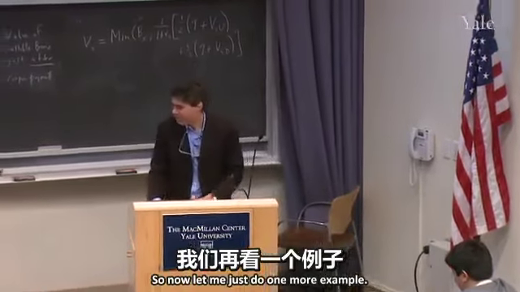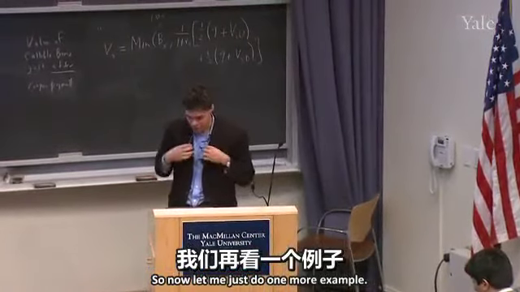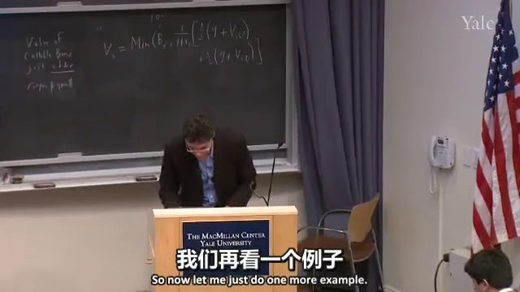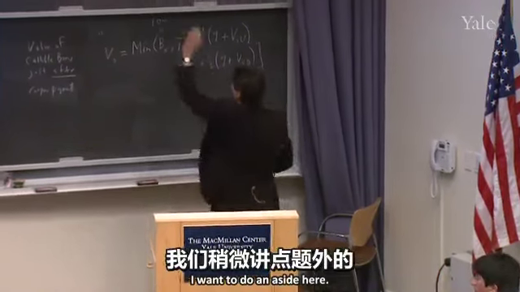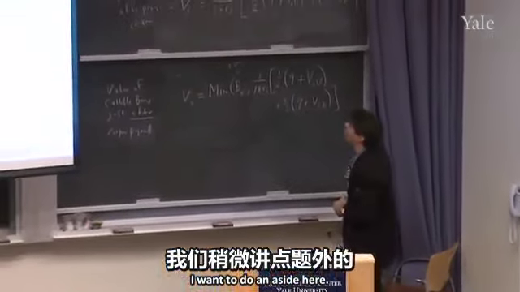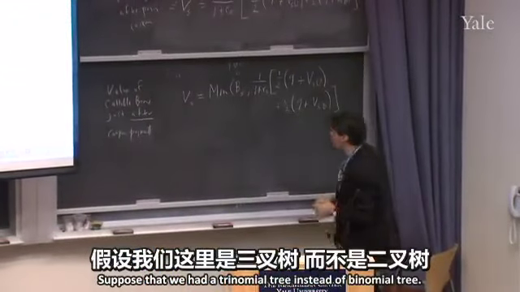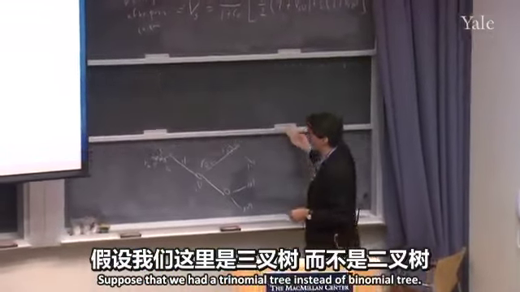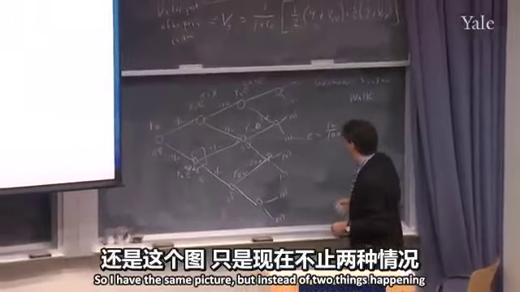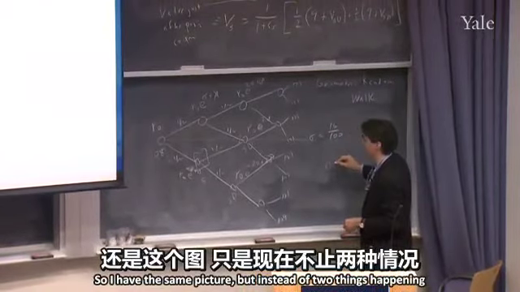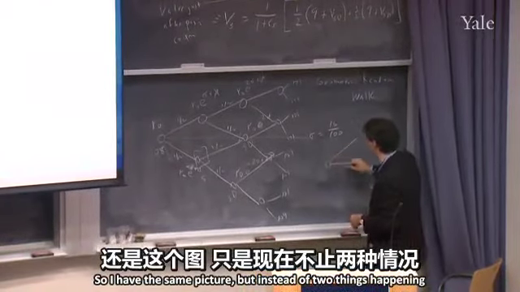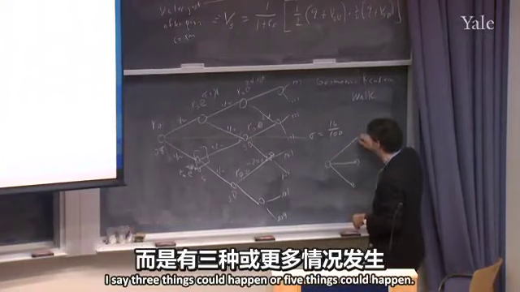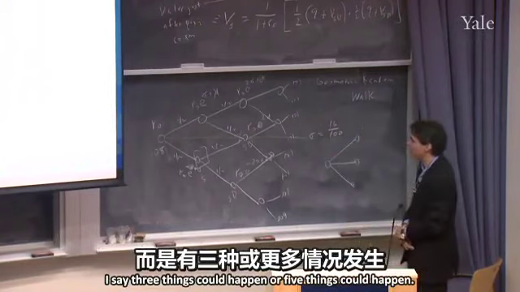Okay. All right, so now let me just do one more example. Now I want to do an aside here. Suppose that we had a trinomial tree instead of a binomial tree. So I have the same picture, but instead of two things happening, I say 3 things could happen, or 5 things could happen.